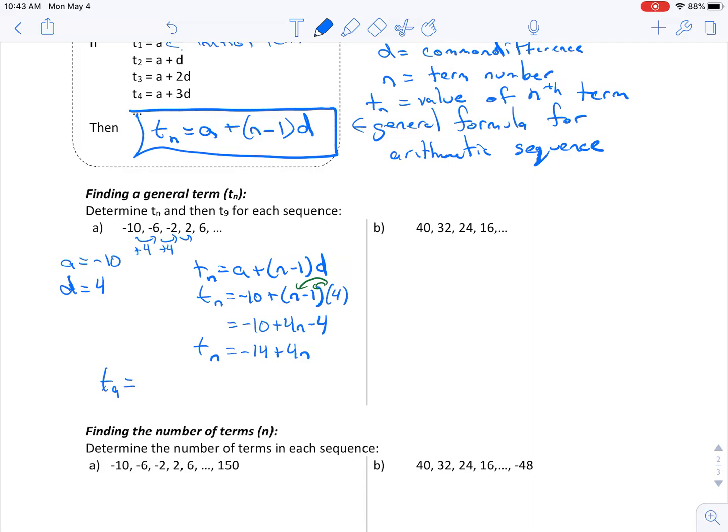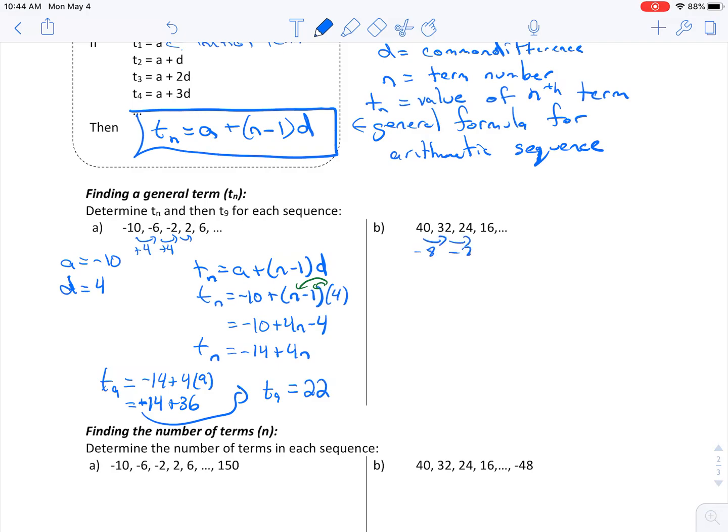So that's a formula that's going to calculate any term within this specific sequence. So they ask us to do it for the 9th term. So for the 9th term, I just simply sub in 9 for n. So I end up with t sub 9 equals 36 minus 14, which is 22. So my 9th term's value is 22.